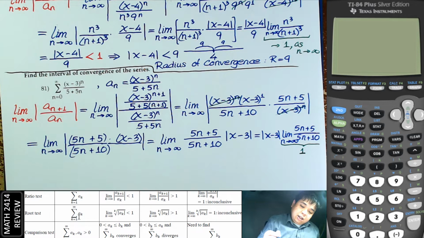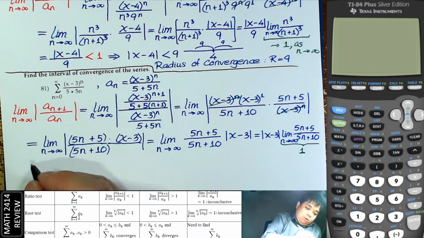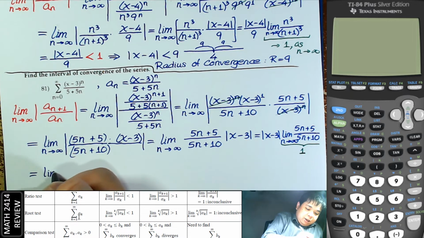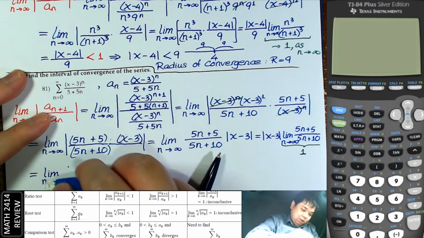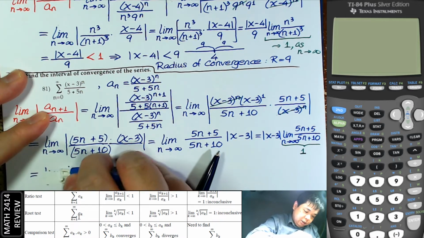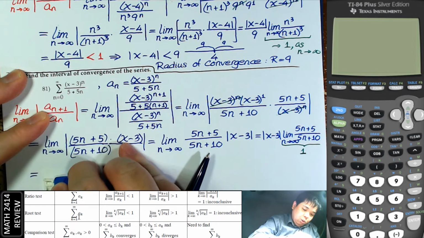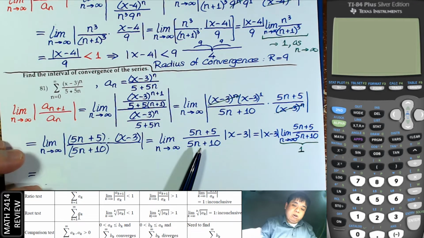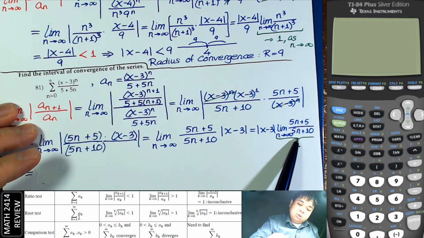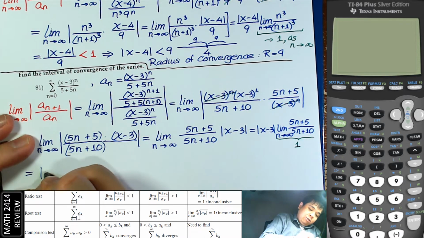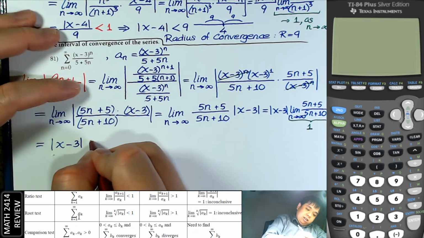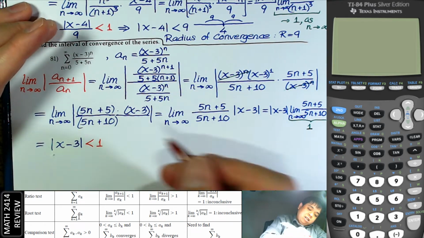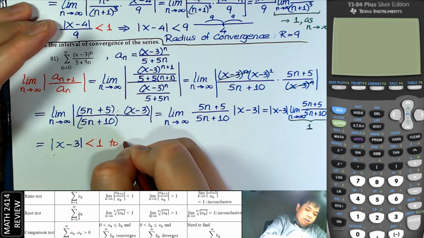So there's no more limit actually. Once again, the x minus 3 doesn't have n in it, I can bring it outside, and the limit is 1, so we just have the absolute value of x minus 3. And by the ratio test, this has to be less than 1 to be convergent.